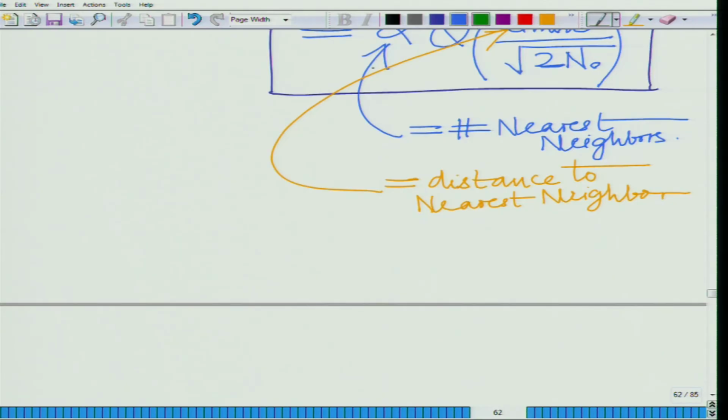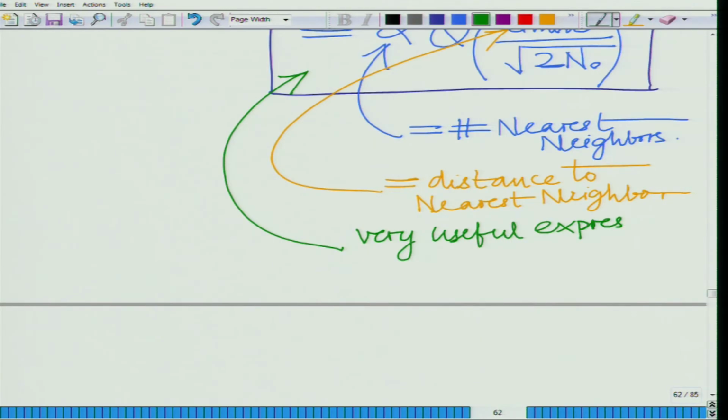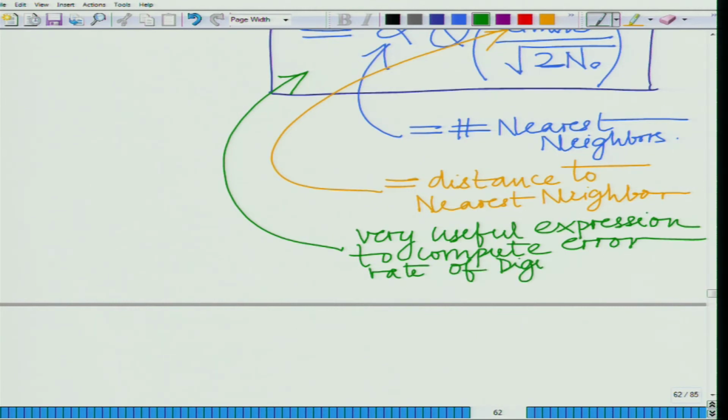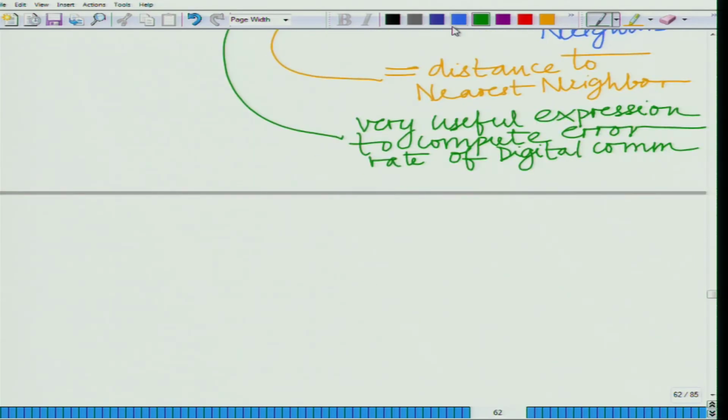This is a very useful expression to compute the error rate of a digital communication system or digital modulation scheme when an exact expression is difficult to obtain.